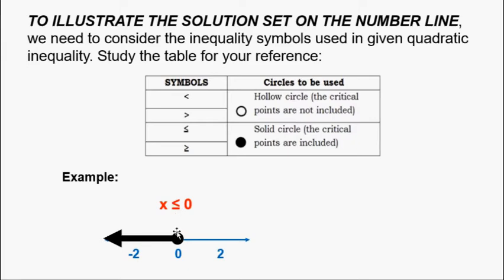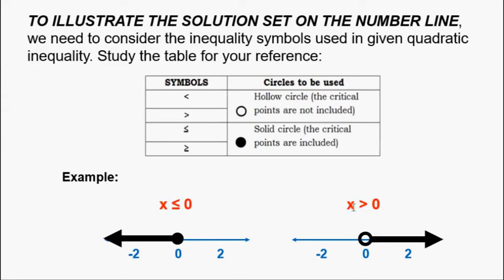So, tingnan nyo. Solid circle yung ginamit natin sa number line. Ibig sabihin, kasama or included yung 0 sa solution set. Okay, so 0 at lahat ng number na mas mababa sa 0 is part of the solution set. Another example is dito, ayan, hollow circle naman.